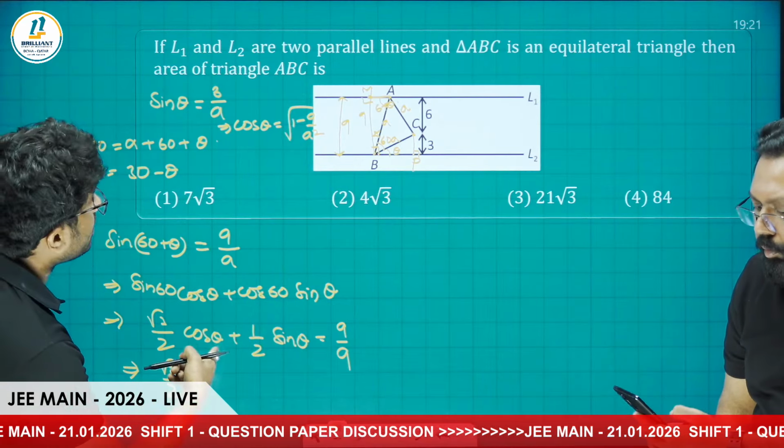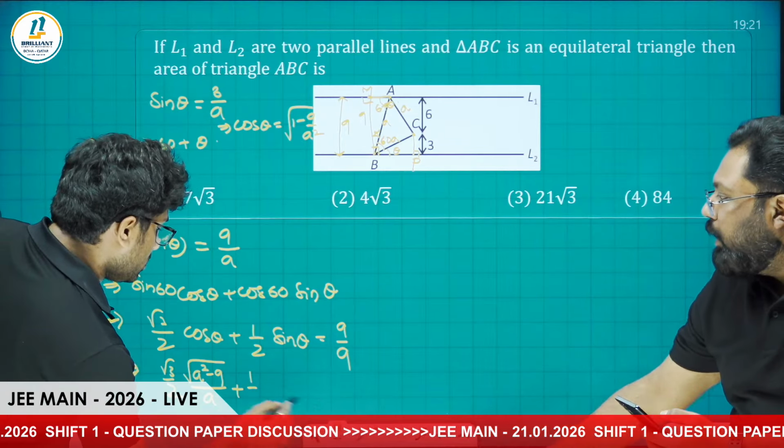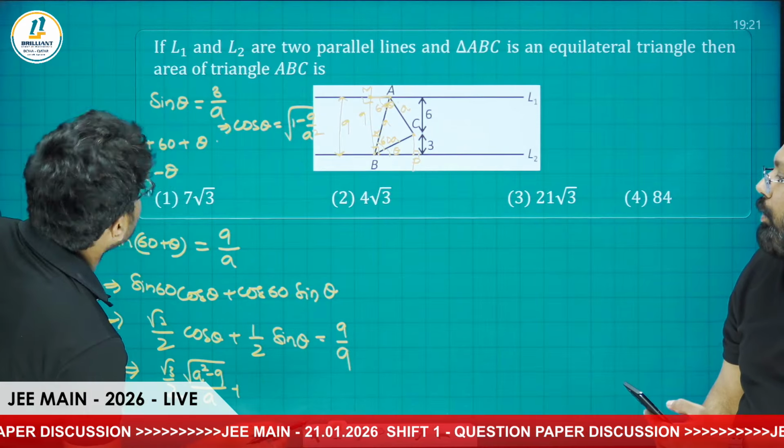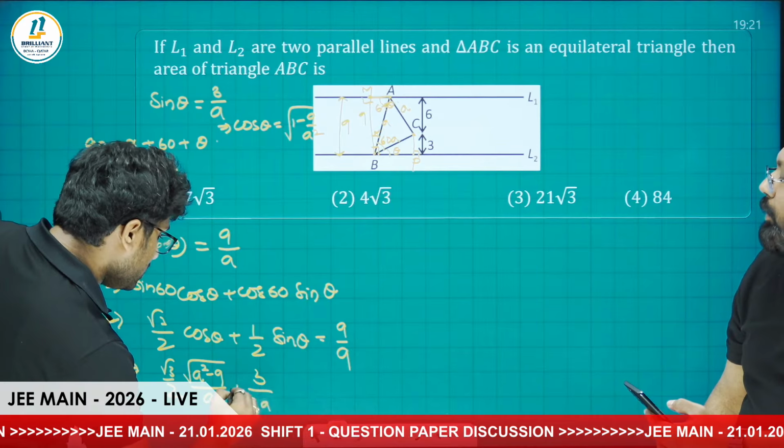Half into 3 by A is 3 by 2A. So this is equal to 9 by A; A gets cancelled, 2 goes to the other side. Then we'll get root 3 into root over A square minus 9, plus 3, is equal to 9 twos are 18.